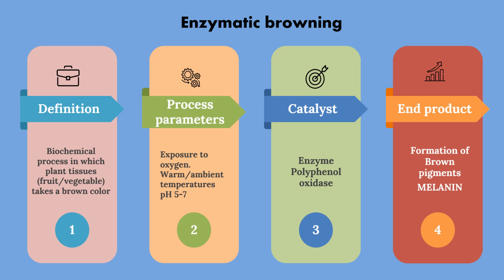These are biochemical processes in which the plant tissues, whether a fruit or vegetable, take on a brown color. The process parameters for enzymatic browning include exposure to oxygen at warm or ambient temperature and a pH between 5 and 7. The enzyme that catalyzes this reaction is called polyphenol oxidase. The end product is melanin, which is a brown pigment.